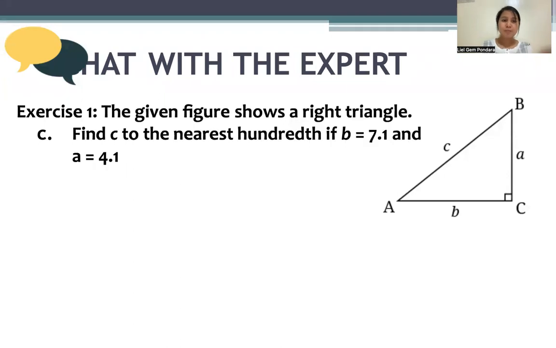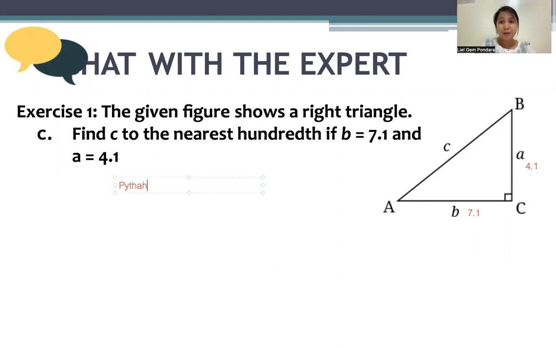For the next one, find C to the nearest hundredth if our B is equal to 7.1 and our A is equal to 4.1. So we're looking for the value of C. Remember the Pythagorean theorem.